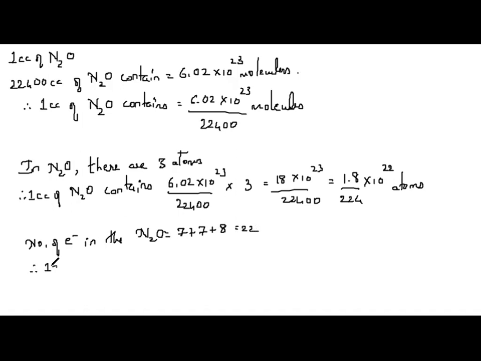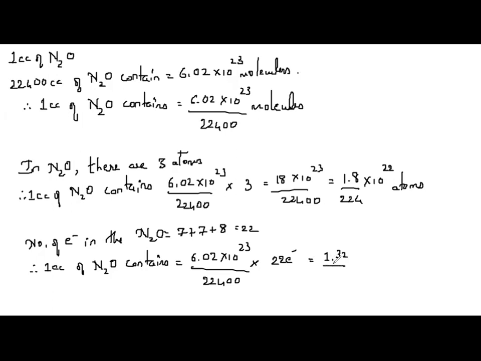Therefore, 1 cc of N2O contains 6.02 into 10 raised to 23 divided by 22,400 into 22 number of electrons. Cancel it out. Answer comes out to 1.32 divided by 224 into 10 raised to 23 number of electrons.